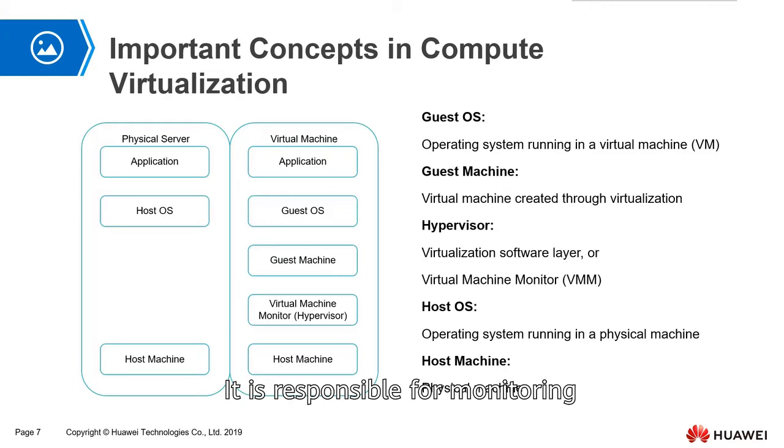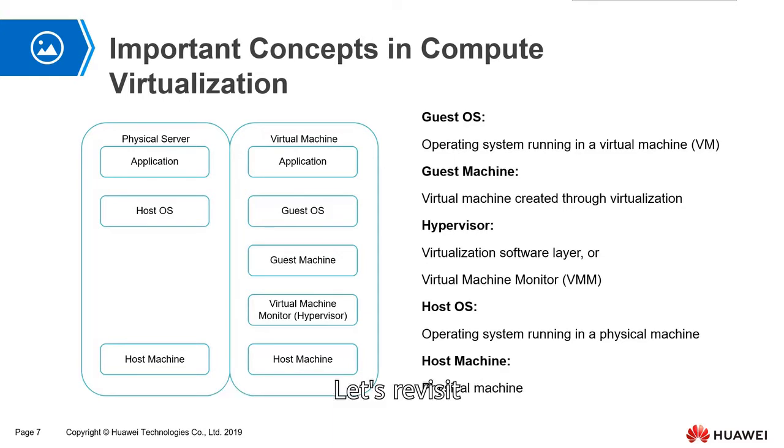It is responsible for monitoring the virtual state, allocating memory and CPU to the virtual machine, and also virtualizing some IOs. Therefore, it has another name called Virtual Machine Monitor, VMM. Then, the virtual machine that is virtualized is called the guest machine. The operating system installed on the virtual machine is called guest OS.